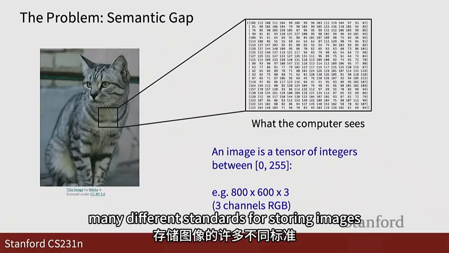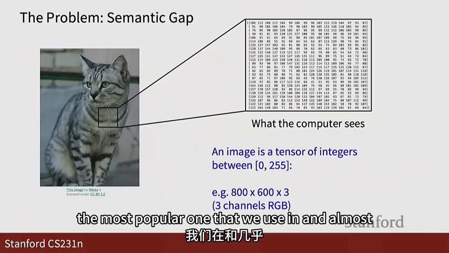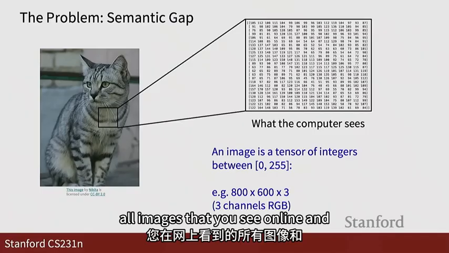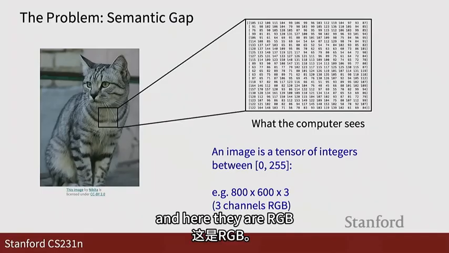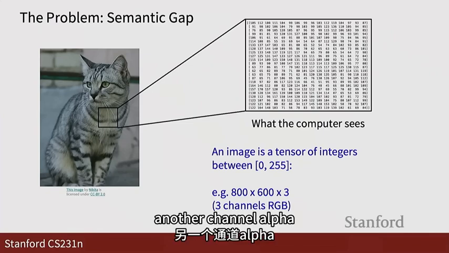So there are many different standards for storing images. The most popular one that we use in almost all images that you see online and here is RGB. RGB is a 24-bit format, sometimes 32 because there's another channel, alpha.